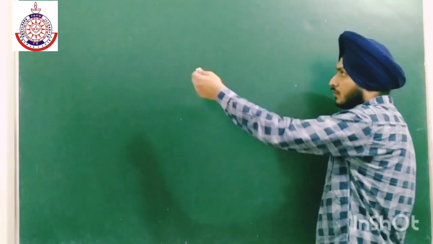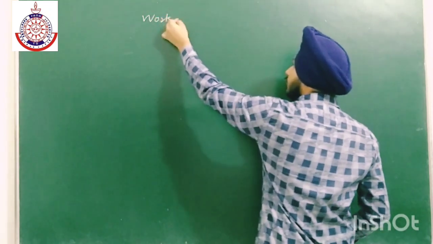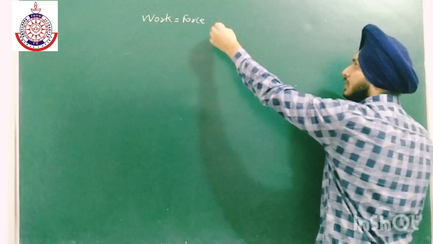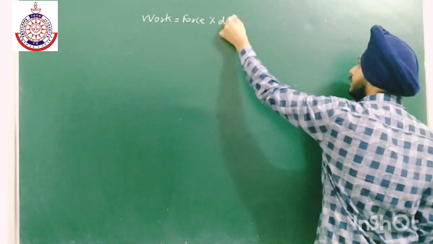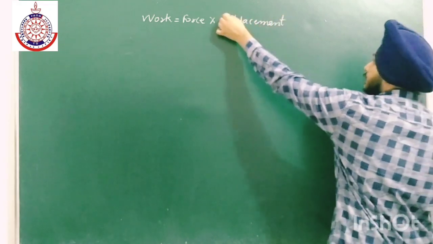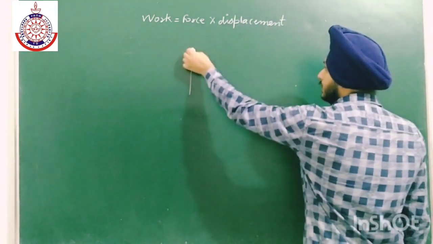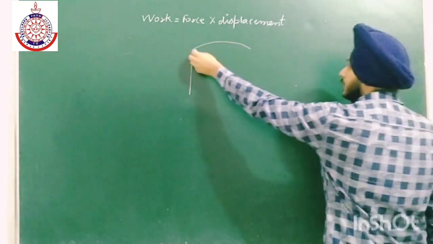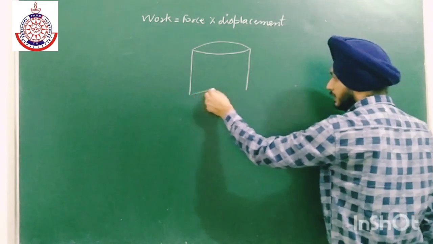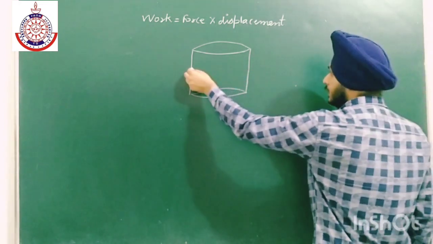So, we all know that work is force into displacement, or force dot displacement cos theta. So I am taking force into displacement, and I am taking a system in which a gas is enclosed in a cylinder with a frictionless piston, and this piston is also massless.